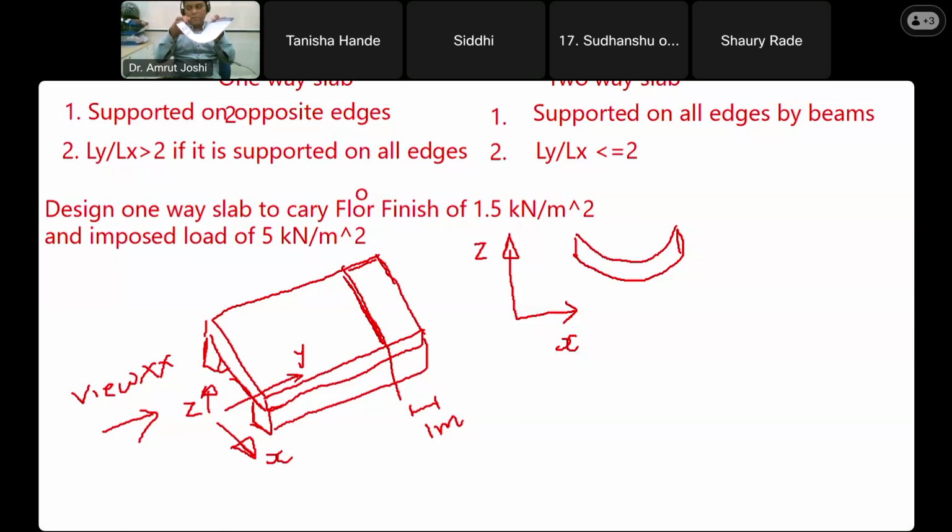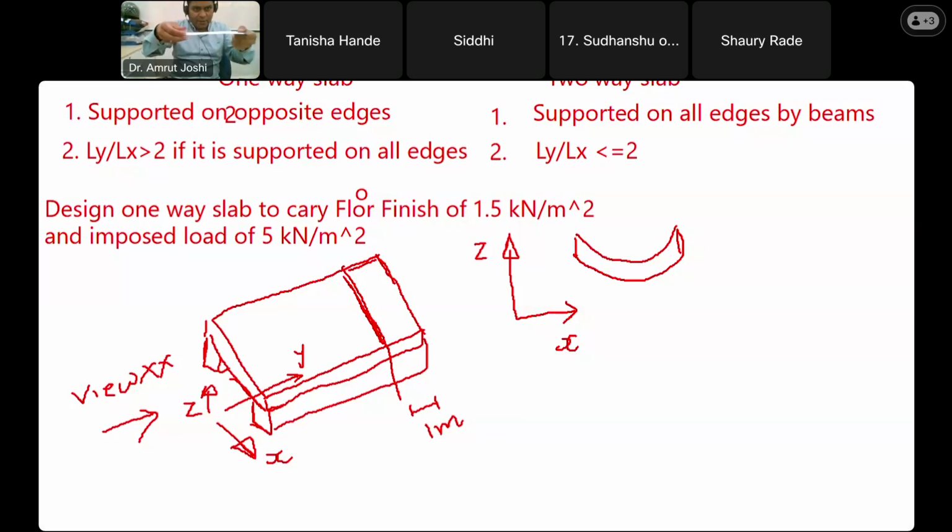Yes, sir. So let me do that. So let us say this is the slab which bends like this, and this is the 1 meter wide strip. So let me cut this 1 meter wide strip. So it looks something like this.